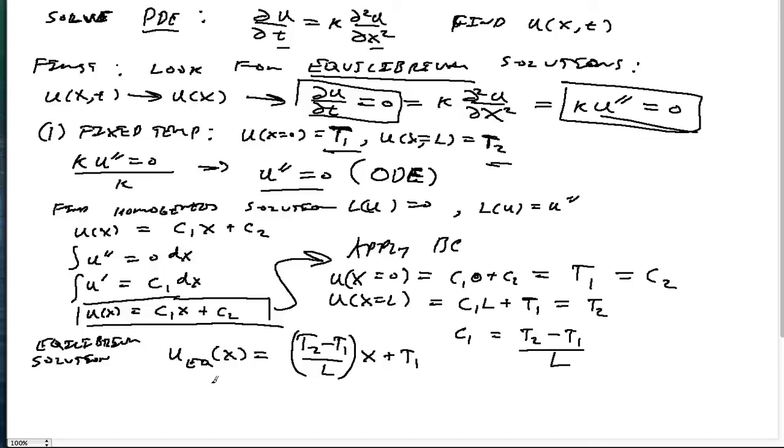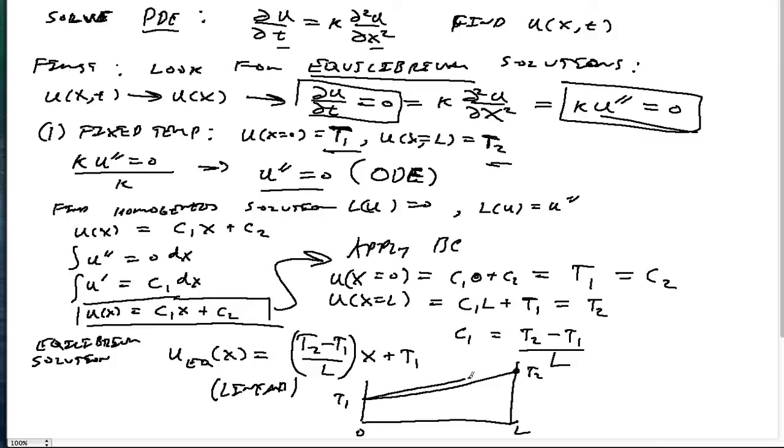Of course, this is linear. So there's 0, there's L, and if here is t1, and I'll just give an example, and that's t2, that's what it looks like. It's just a linearly graded temperature between the top and the bottom.